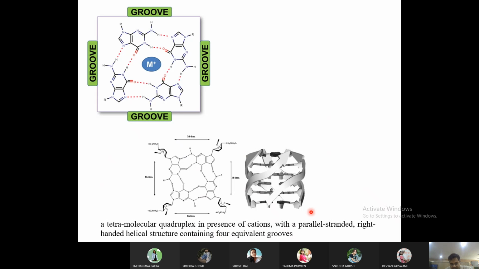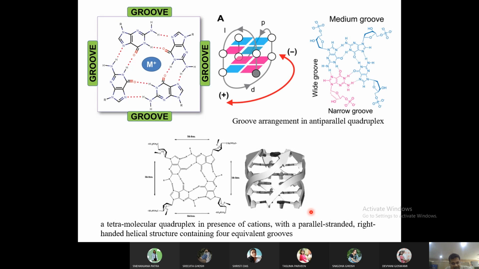But if it is not of parallel type, that is, at least one strand is going in the opposite direction, three of them 5 prime to 3 prime and one 3 prime to 5 prime, or two of them 5 prime to 3 prime and two 3 prime to 5 prime, then what happens? A structure something like that.